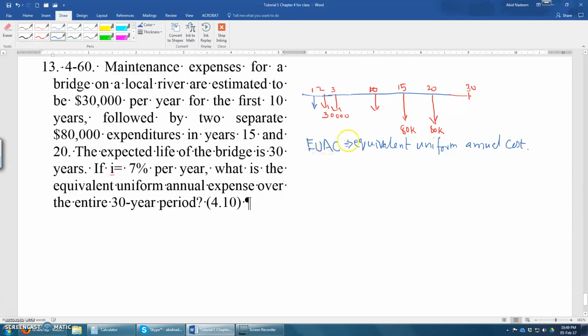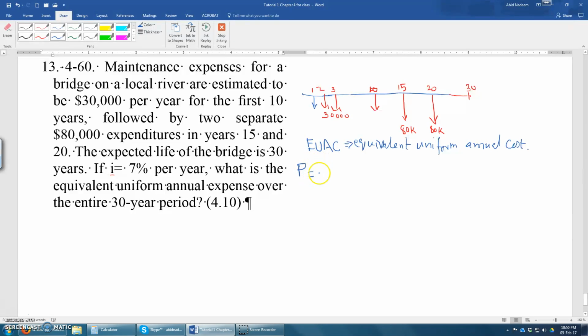Basically we have to convert all the cash flows to their annual equivalent. There are many approaches. One approach is to first find the present value of all the cash flows.